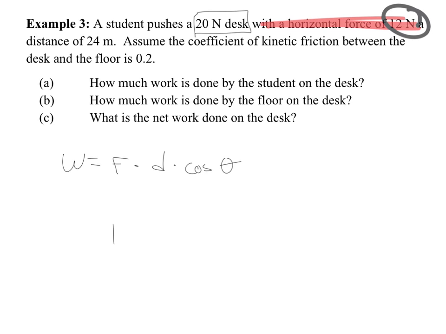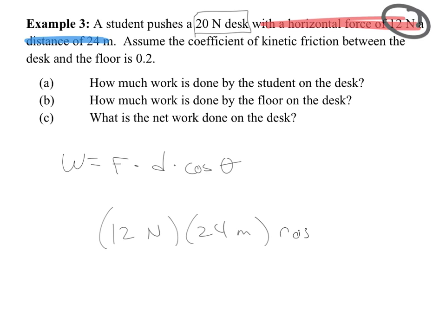So let's take that value and plug it in for our force. The distance it travels is 24 meters. That's given in the problem as well. Now, what is the angle? I don't see anything about an angle given here. What do you got, Gabe? 0. Why? Horizontal.